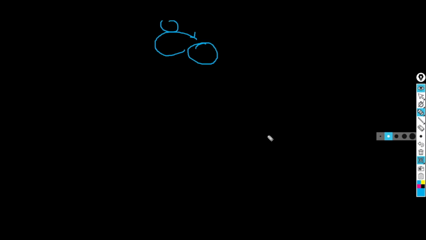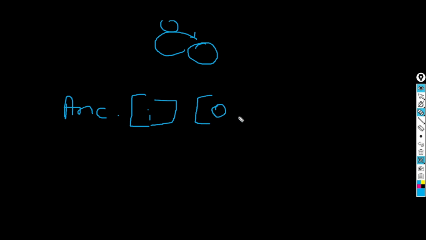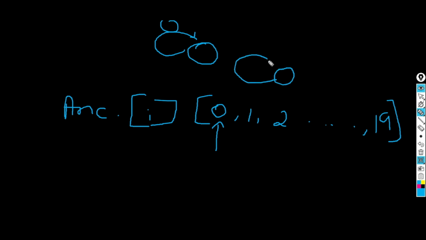So basically what we are storing is powers of two ancestors, right? So for a particular node n, I can have 0, 1, 2. In this example it goes till 19, I guess. So here the zeroth jump means one level up, right?